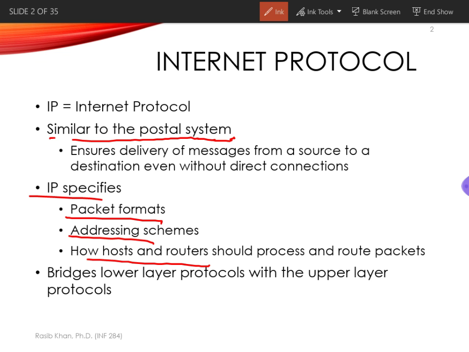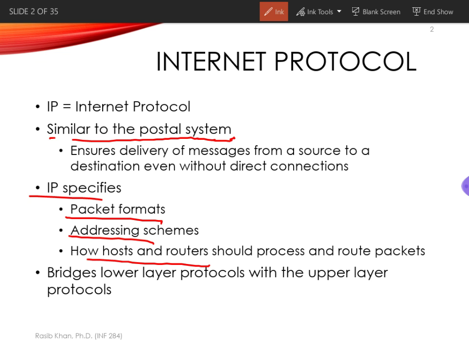That means that when a source is trying to send out a packet, IP specifies what it should look like, and in the process of being delivered to the destination, there are intermediate routers which are also specified according to IP how these packets should be processed so that they are routed to the required paths.